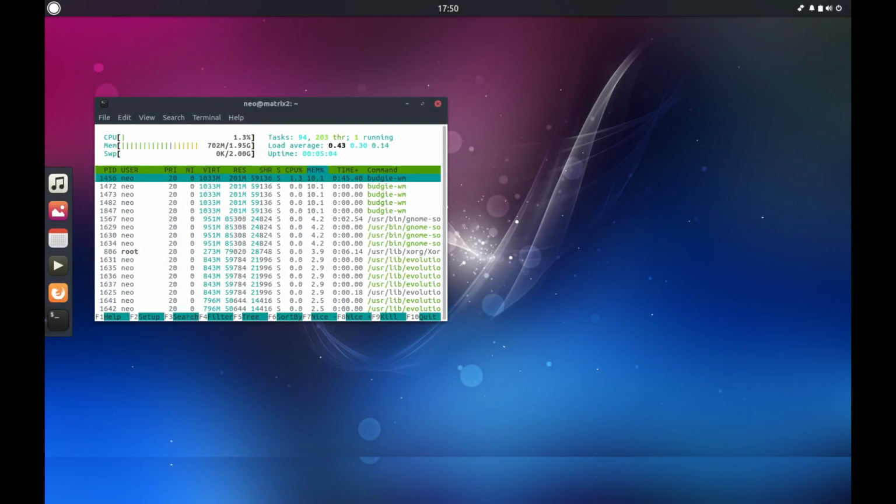The next distribution is Budgie Remix. This is not an official Ubuntu flavor until now. The Budgie desktop is under heavy development by the Solus project. The Solus project is an independent Linux distribution that is built from scratch, like the Budgie desktop. The Budgie desktop has a nice application menu and a nice sidebar called Raven.